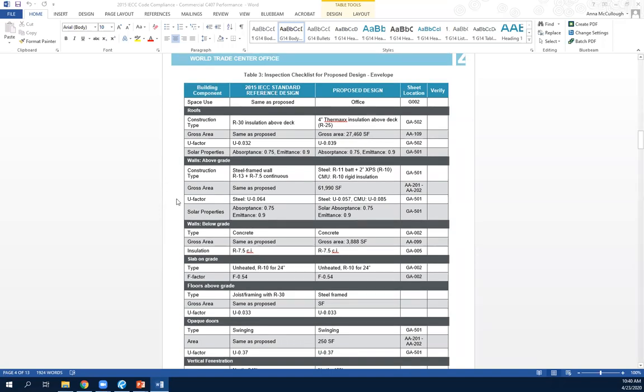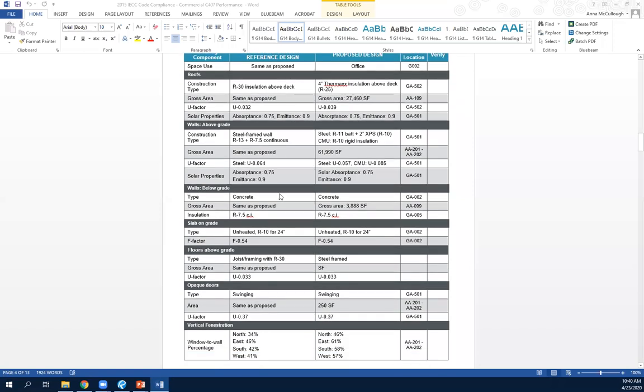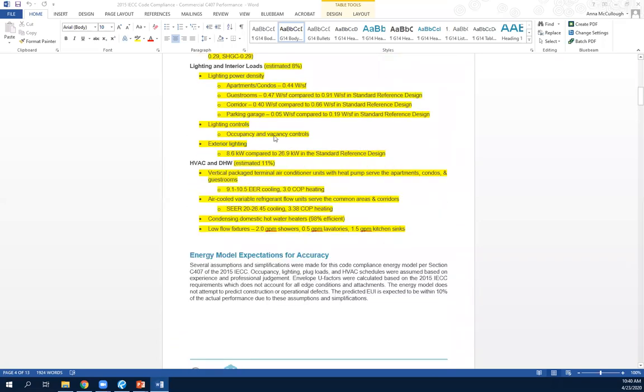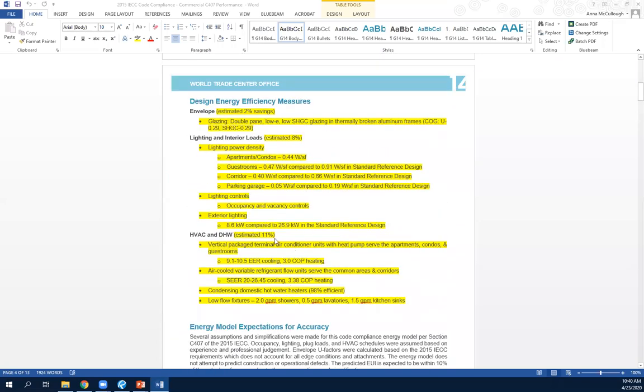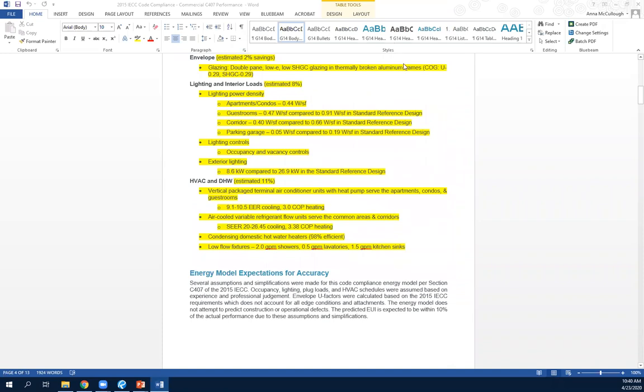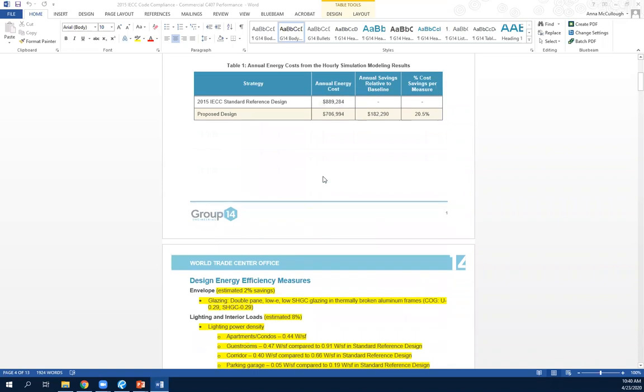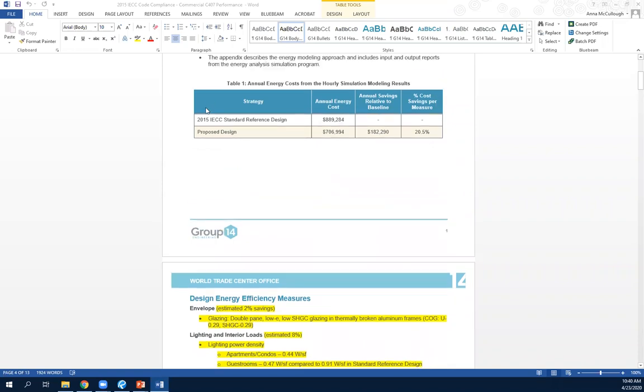Yeah, so this is where we show all of our inputs in the energy model. And then we have a list of all of the energy efficiency measures that are providing some of the savings located here. Oh, that's handy. And then here's our table that shows the annual energy cost savings.